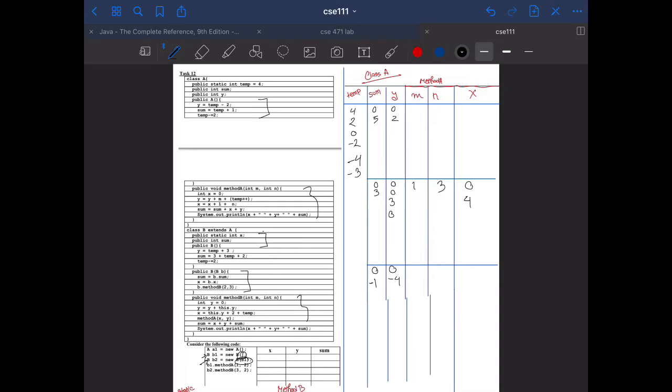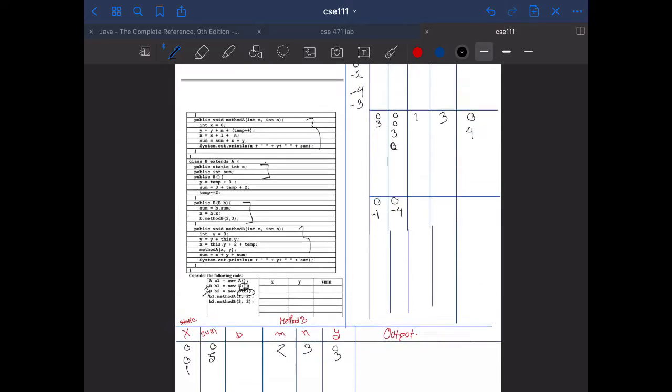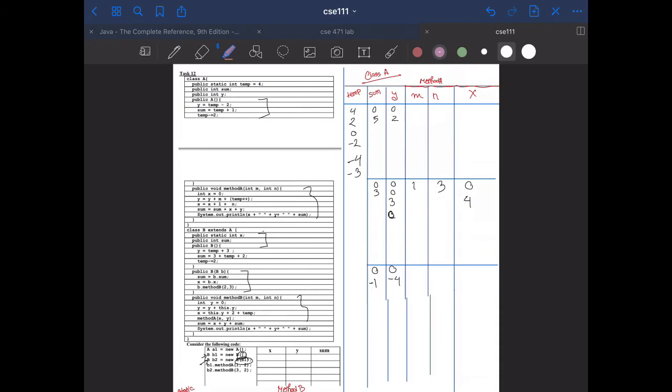Sum equals 3 plus 4, that's 7, plus y, that's plus 0, so that is 7. So the output would be 4, 0 and 7.